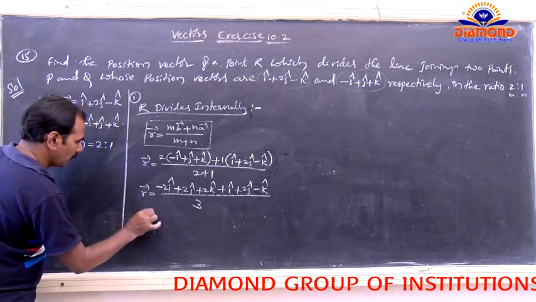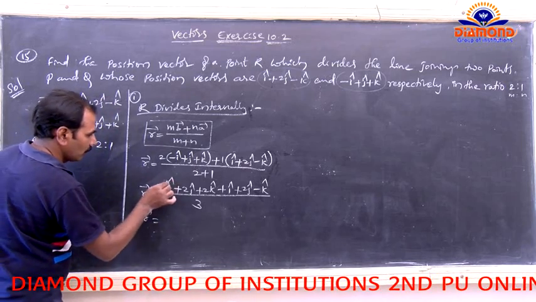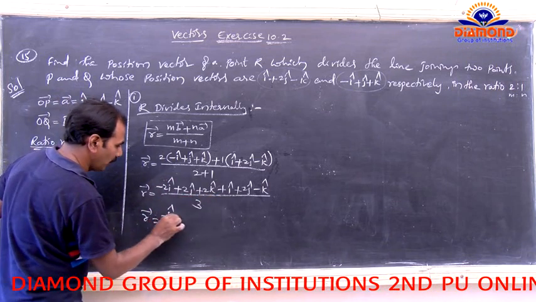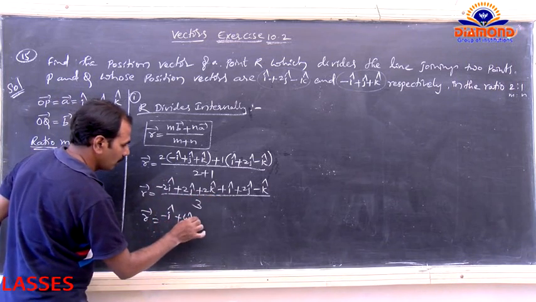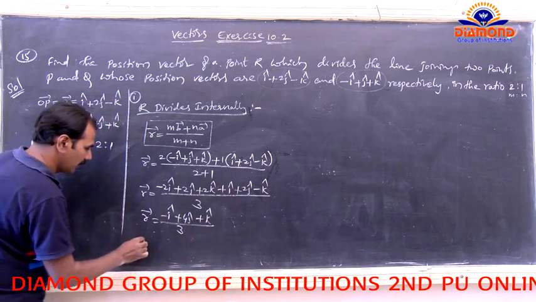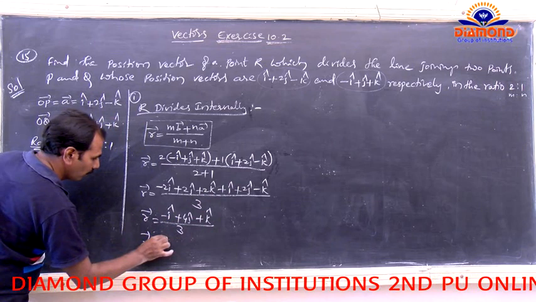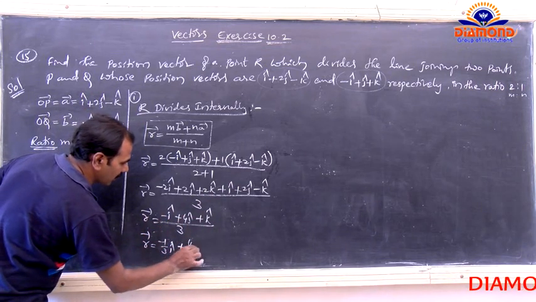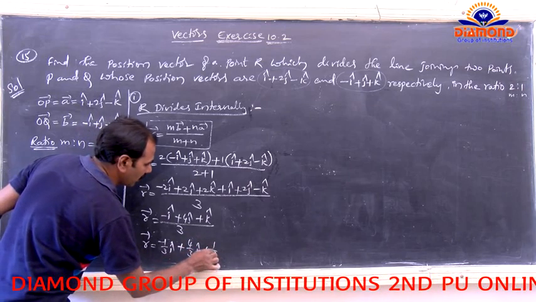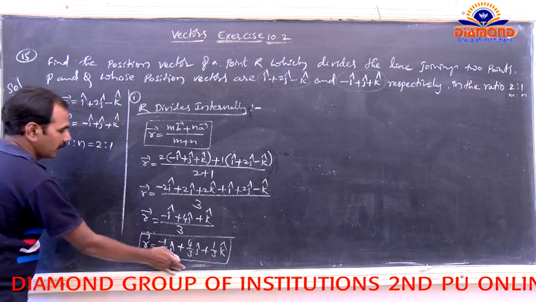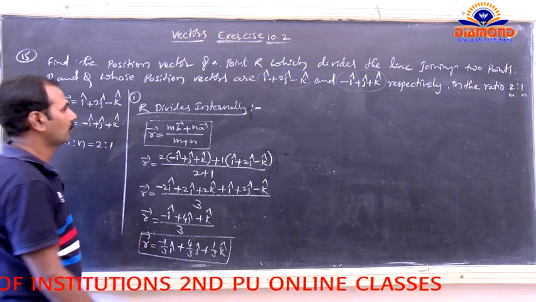So R bar equal to minus I cap plus 4 j cap plus k cap divided by 3. It means R bar equal to minus 1 by 3 I cap plus 4 by 3 j cap plus 1 by 3 k cap. So this is the internally divided vector R bar.